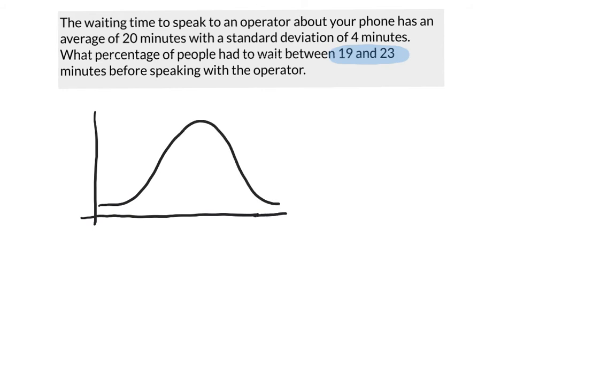We know that the mean is 20, and the two numbers we're looking for are, one is 19, which would be here, and the other one would be 23, which is about there. So we need to find out this area here. So it involves a bit of subtraction. We've got to work out two z-scores, one for that data point and one for that data point.